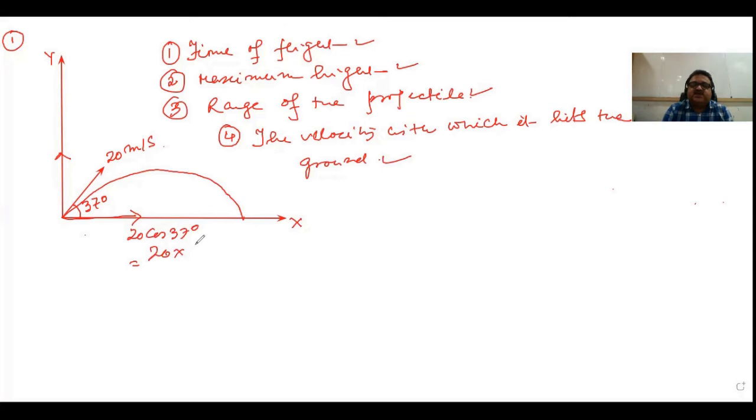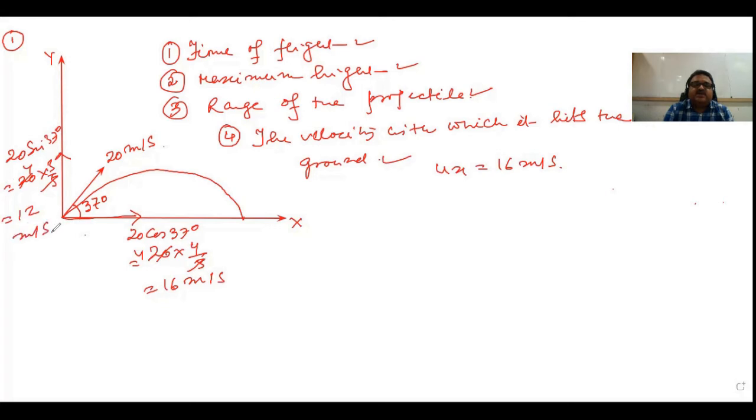Cos 37 is 4 by 5. 5 fours are 16 meter per second. So ux is 16 meter per second. What about uy? That is 20 sine 37. Sine 37 is 3 by 5, so 12 meter per second. So uy is 12 meter per second.